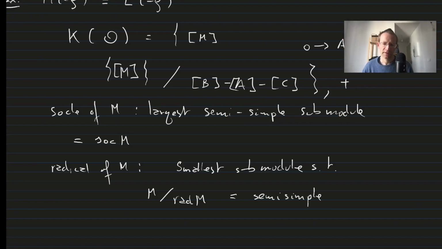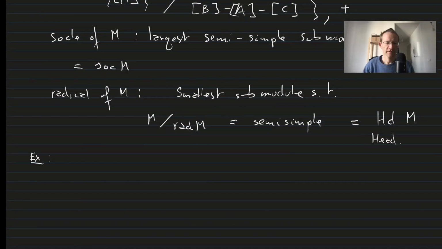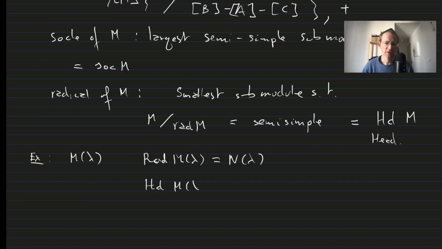And this is always semisimple, and it is called the head of M. So a few examples. If we have a Verma module M of lambda, then the radical of M of lambda is this largest submodule, N of lambda, and the head of M of lambda will just be L of lambda, the simple module with highest weight lambda.